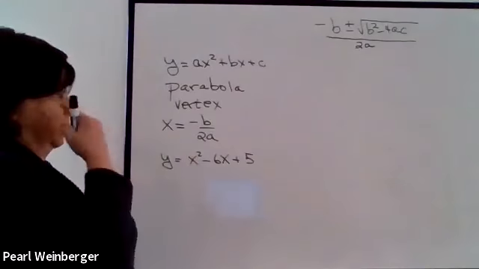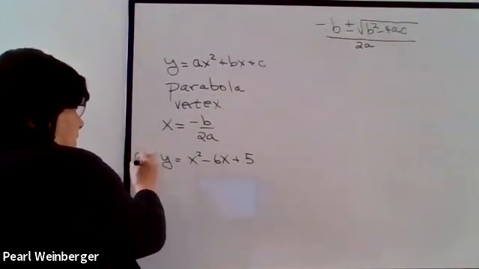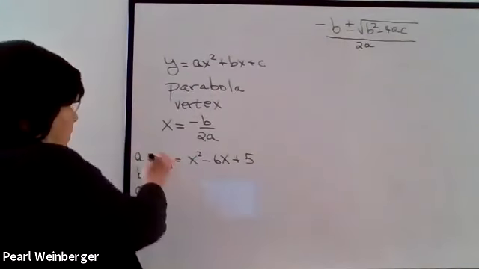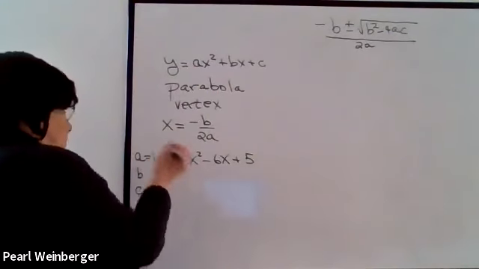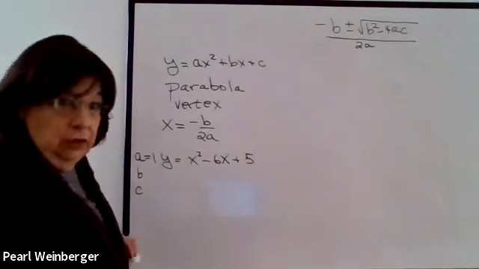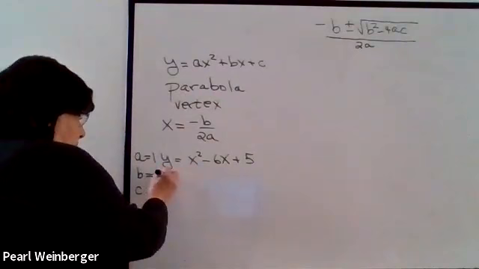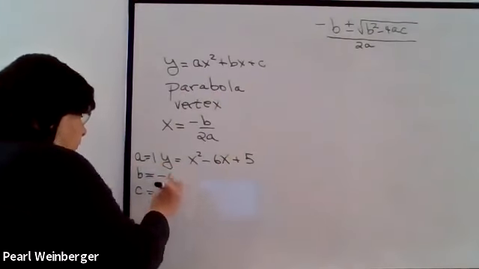Now let's, like we did before when we were using the formula, let's write down what our A, our B, and our C is. Our A is the number in front of the x squared, and that's obviously 1. There's no number there, so it's understood to be 1. Our B is -6. Our C is 5.